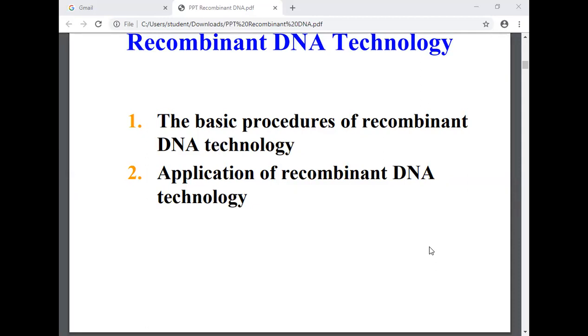So it must be palindromic in nature, and the sequence of base pairs matters. Why? Because a specific sequence of the base pairs will produce a specific type of protein which will be specific in nature and in terms of function, right?